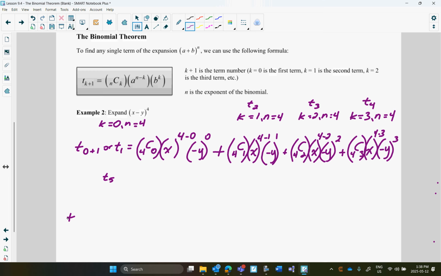So in this one, k is equal to 4, n is equal to 4. So we get 4 choose 4. And then x to the 4 minus 4. And then negative y to the 4.